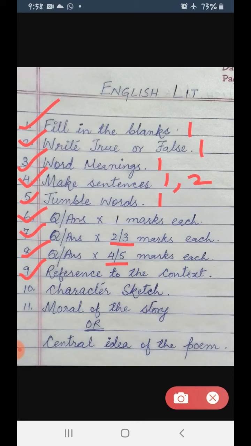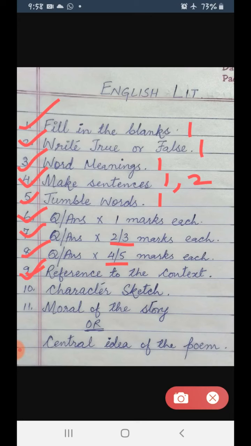You have to read the passage and answer the questions, right? Similarly, reference to the context is also the same. It will be from the chapter. Clear? You have to read the reference to the context carefully, and then you have to answer it.